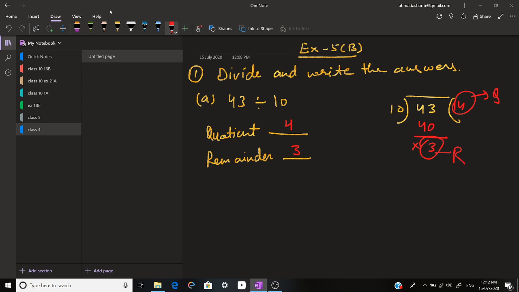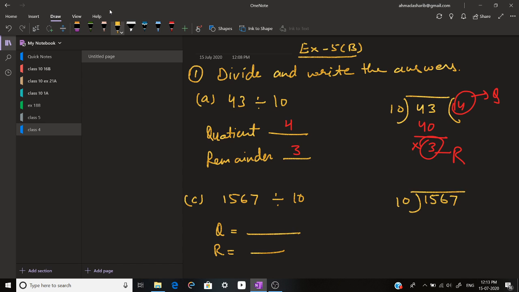Now C part. 1567 divided by 10. So divide 1567 by 10. So first of all, 10 ones are 10, 5 remainder.